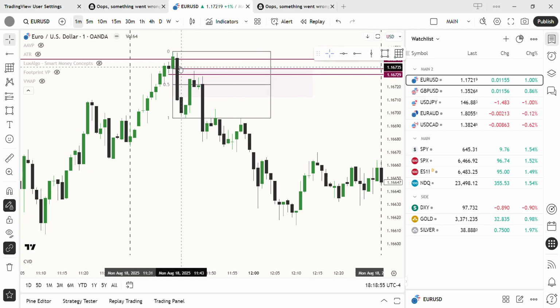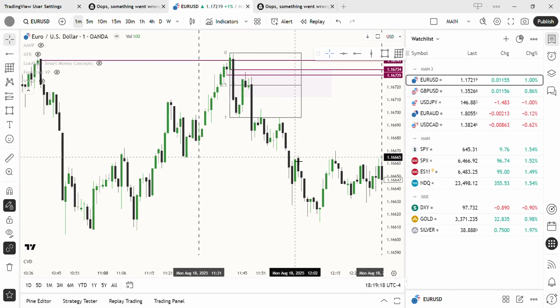This would have been beautiful if it hit our order block. So come up, create this low, up, break structure down, come up, almost touch the order block, and then where would we have targeted? These lows, stops above the wicks, hit equilibrium, hit the fair value gap, almost hit the order block. This would have been a beautiful trade.